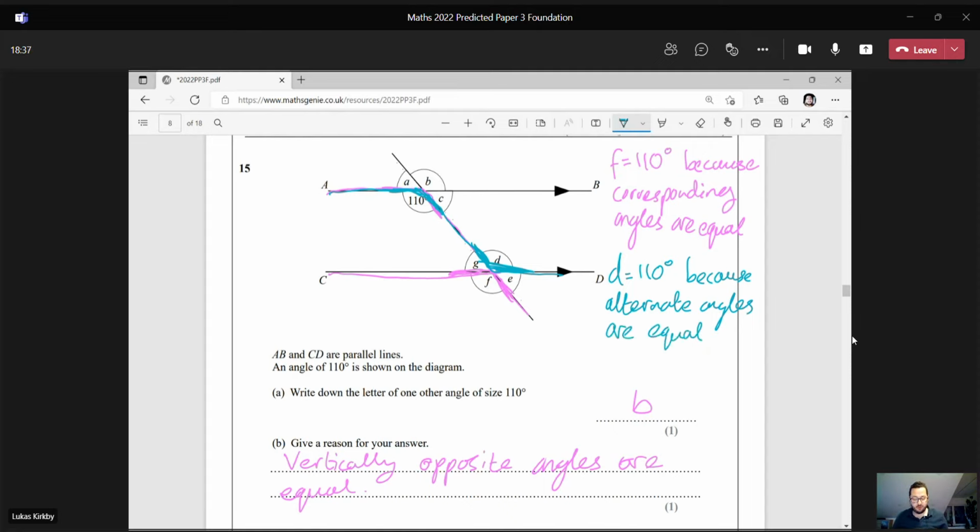And it also makes sense if F is 110 that D is 110, because here we've got another X there as well, so that one would be the same as that one. But we only needed one, so there we go.